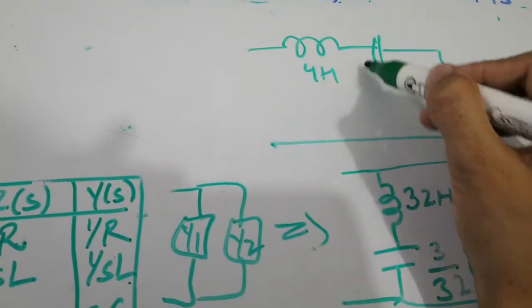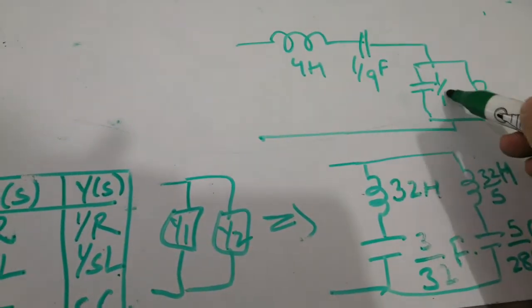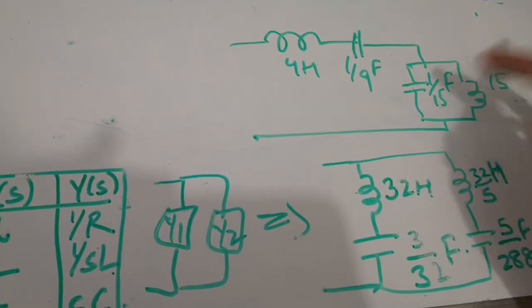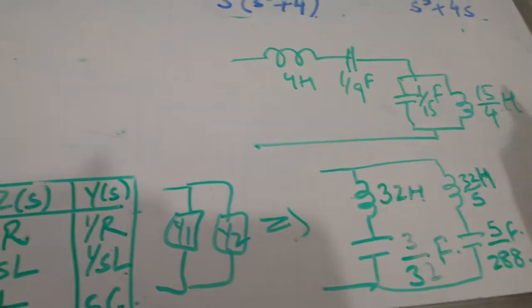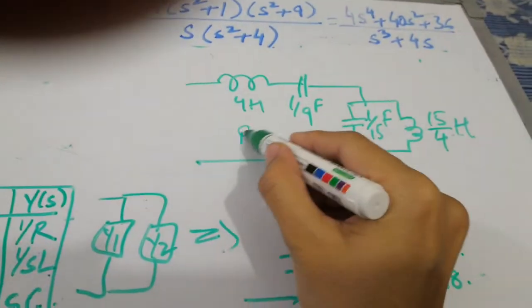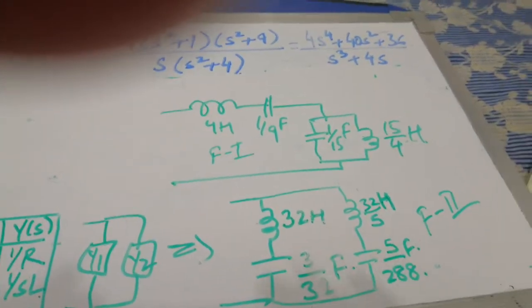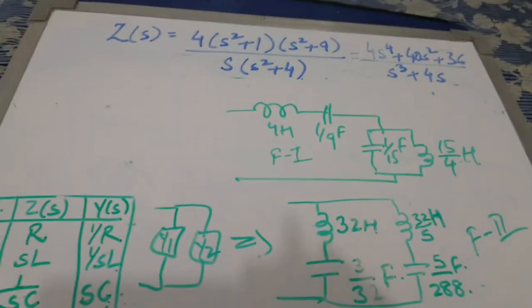So it was 4 Henries, it was 1 by 9 farads, this was 1 by 15 farads, and this was 15 by 4 Henries. So just check it out. This is my Foster 1 and this is my Foster 2. This is all series and this is all parallel as already discussed.